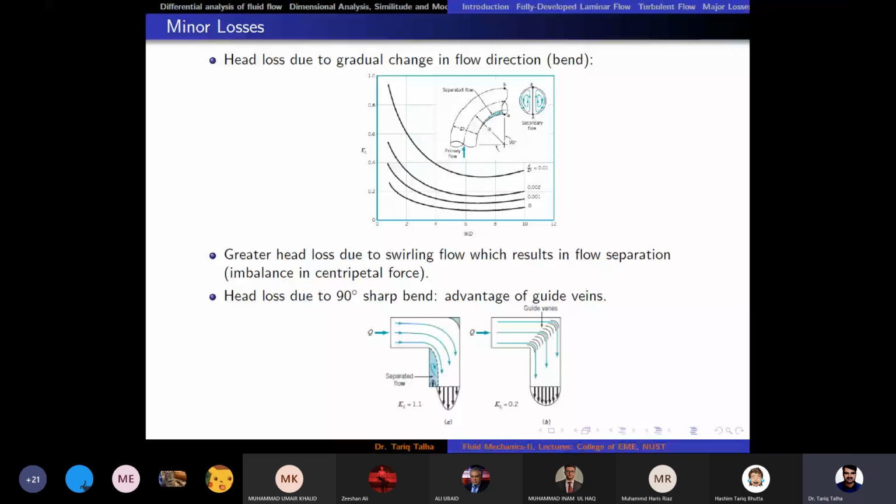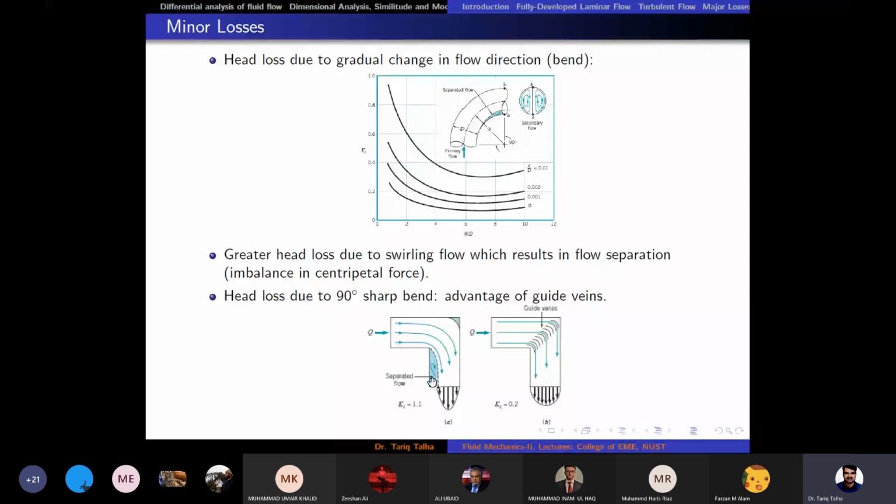One way to reduce the loss in a 90-degree bend is to put in guiding vanes. On the left hand figure, the KL value is 1.1 when taking a 90-degree turn, because there is flow separation happening on the inner surface, you can see here.